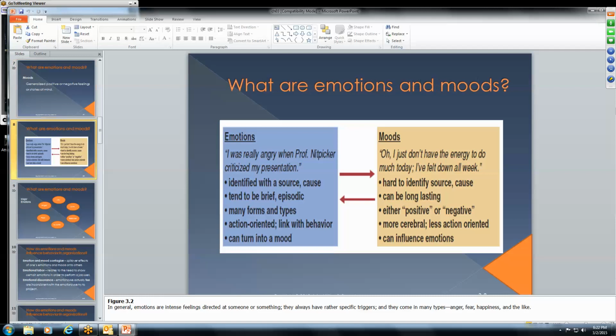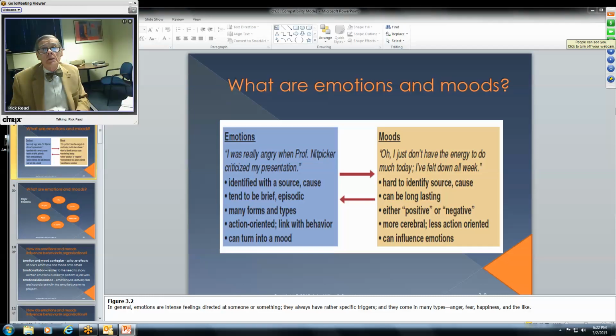Emotion here on the left said somebody was aggravated with the professor because of what he or she did. So notice that that person identified where the emotion originated, and that the emotion tended to be very brief. In other words, was not long lasting, but that it can, if it continues to go on, be linked to a mood.